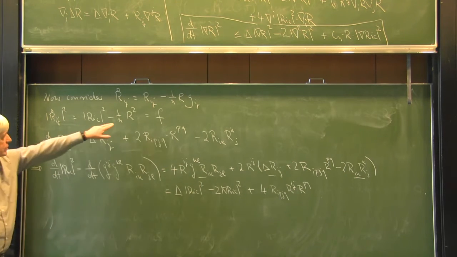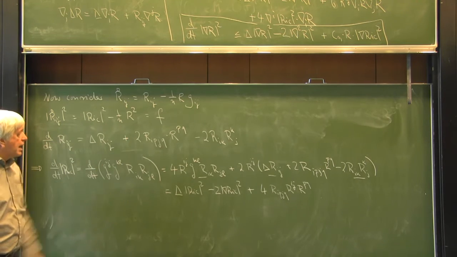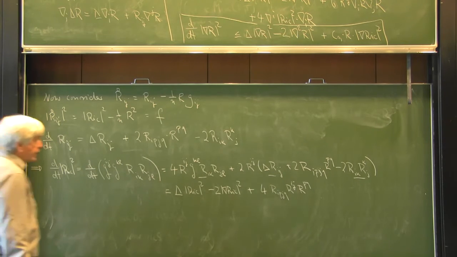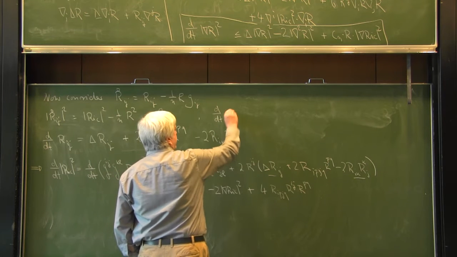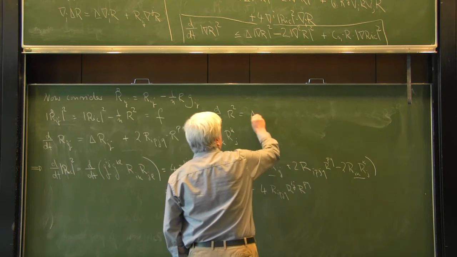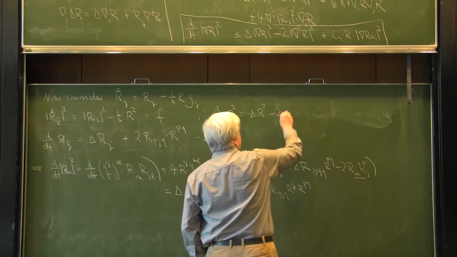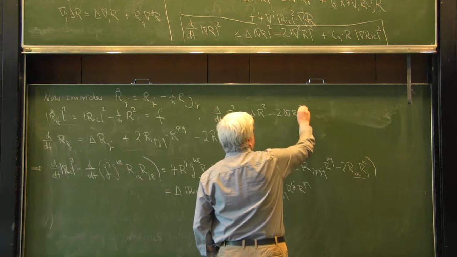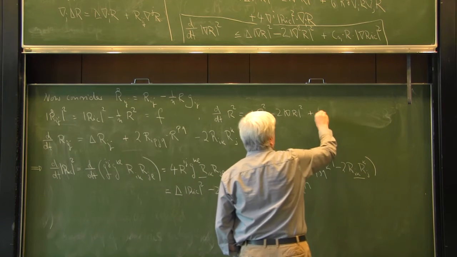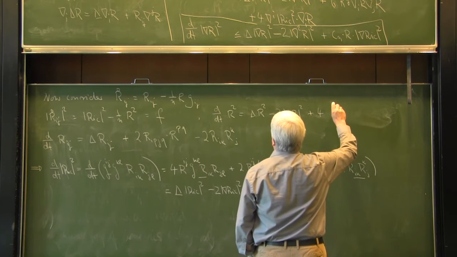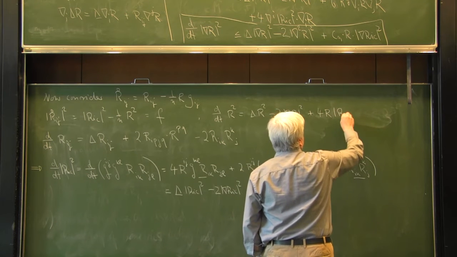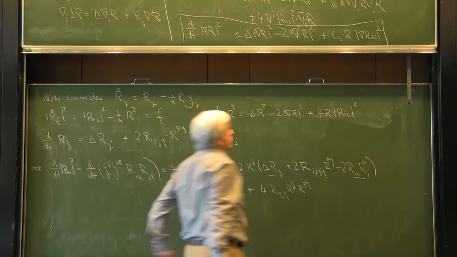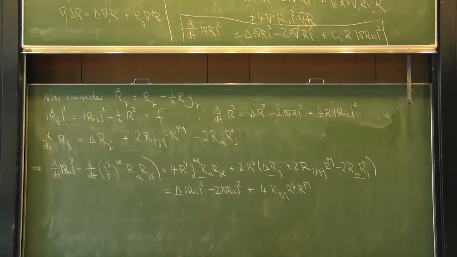Now, using our evolution equation for R, notice that d/dt of R squared is of course Laplacian of R squared minus 2 gradient R squared plus 4 times R times Ricci squared, in view of the evolution equation of the scalar curvature.